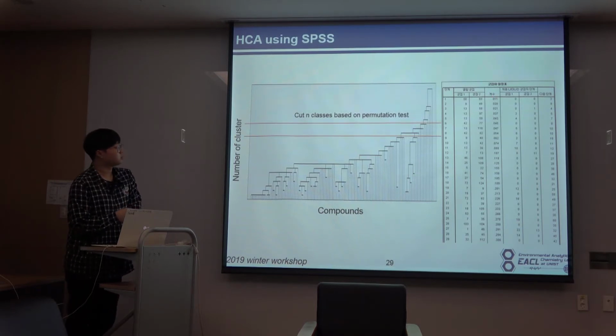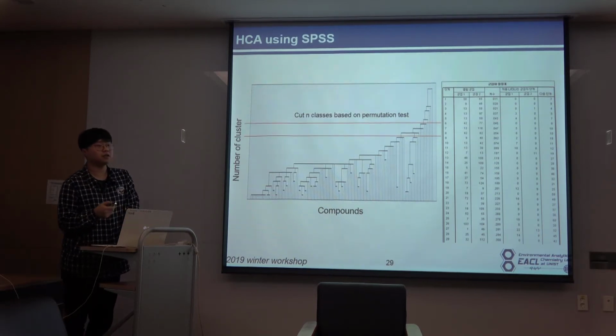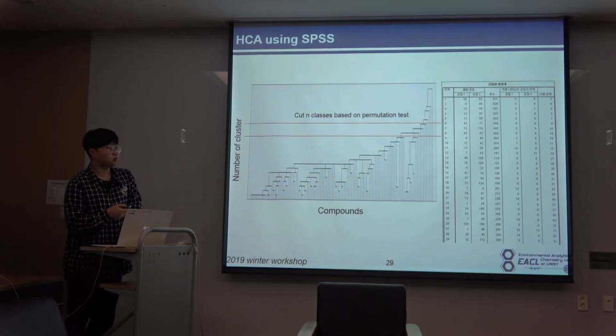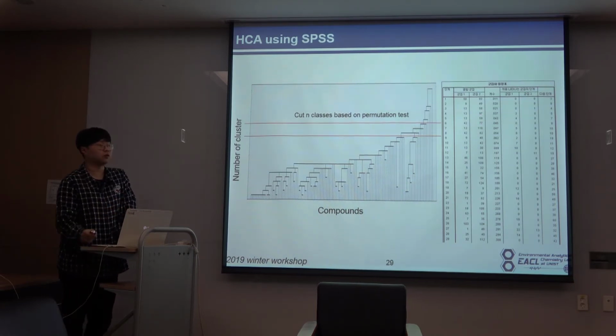Basically, as the number of stages increases, the coefficient increases, and one step shows the highest increasing value. In some references, there is a highest increasing value. So when the coefficient increases the most, we need to select that cluster number.